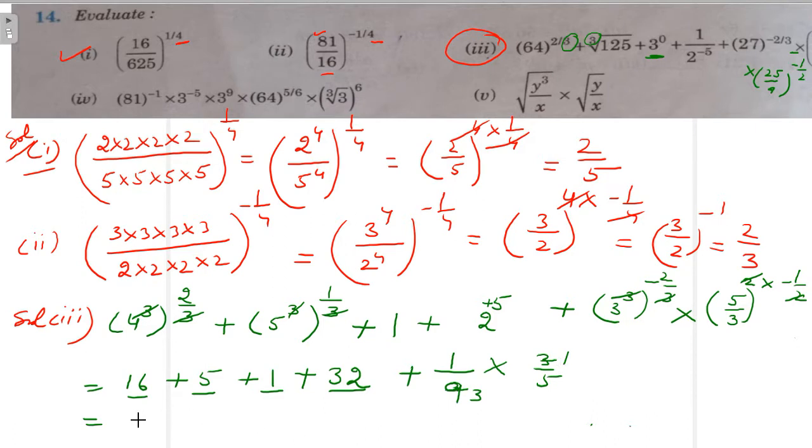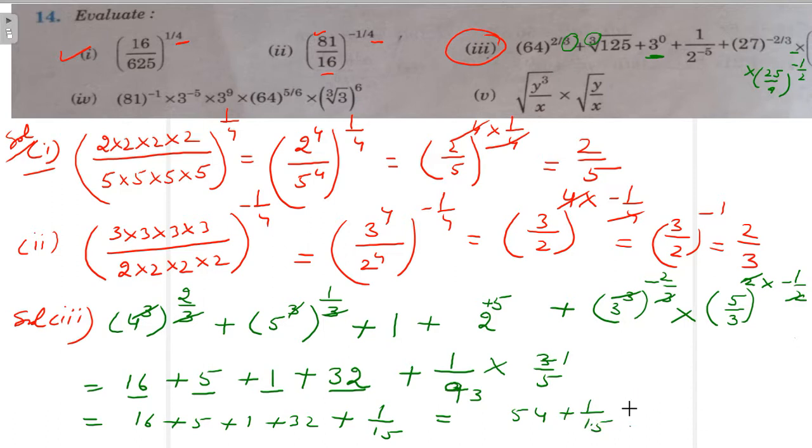So it has now become 16 plus 5 plus 1 plus 32 plus 1 upon 15, right? So 16, this is again 54 plus 1 upon 15.